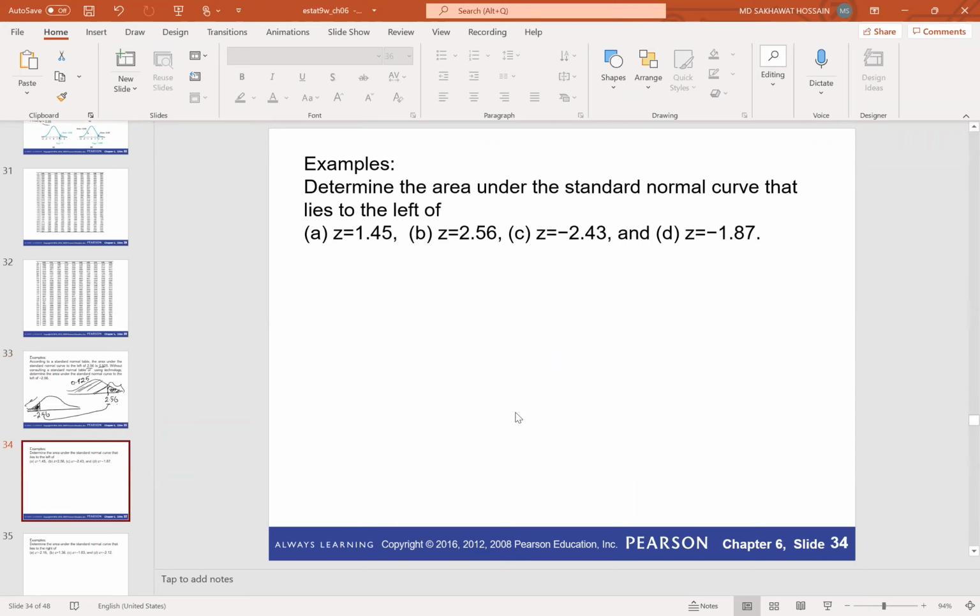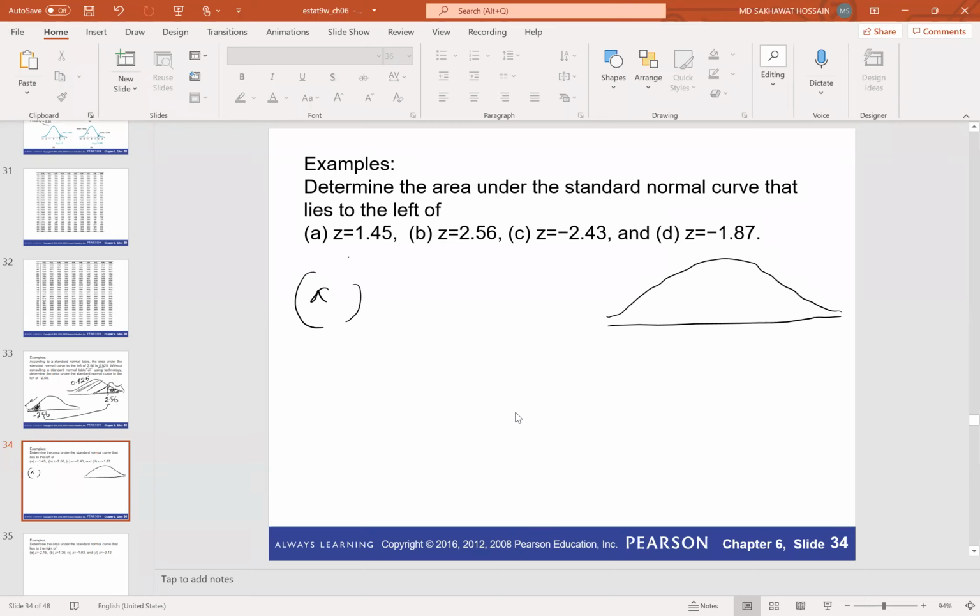Okay, now we'll go over one more example. Determine the area under the standard normal curve that lies to the left of each of these numbers. Okay, part A. When you calculate the area from the standard normal distribution, it's always better to draw the curve, otherwise there is a chance of making a mistake.